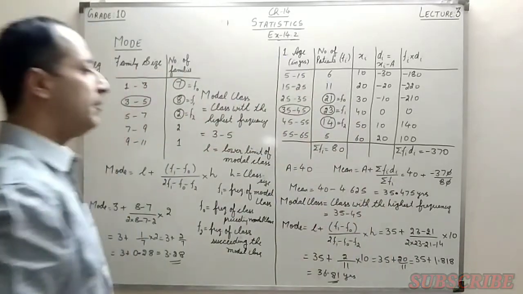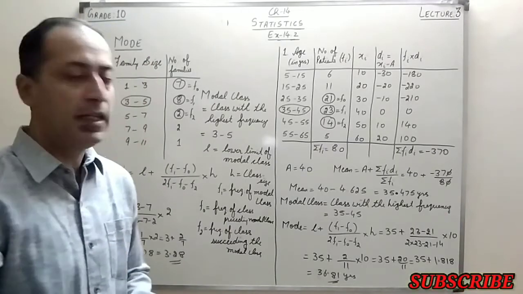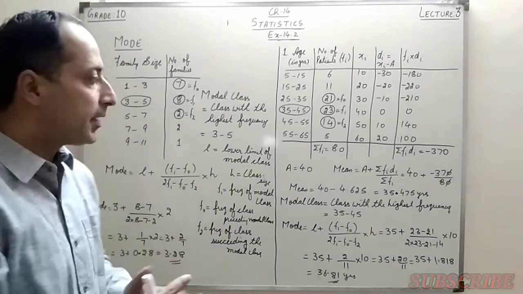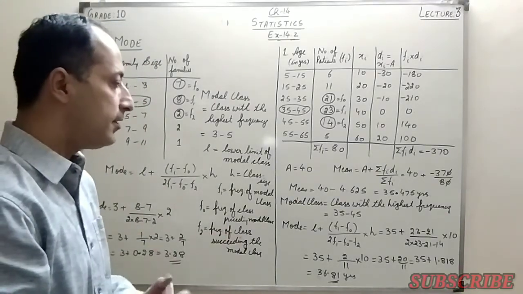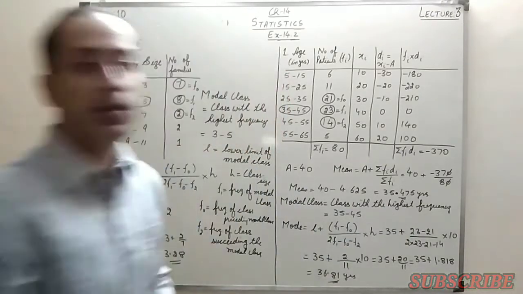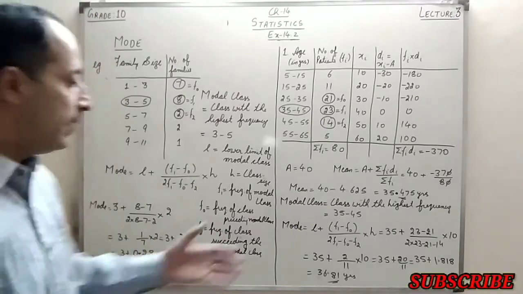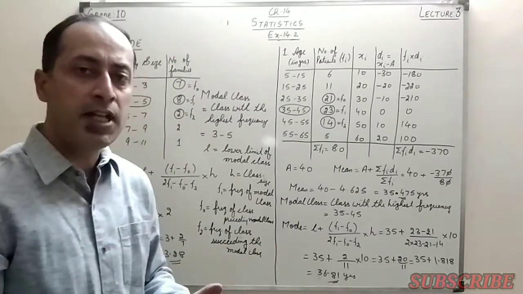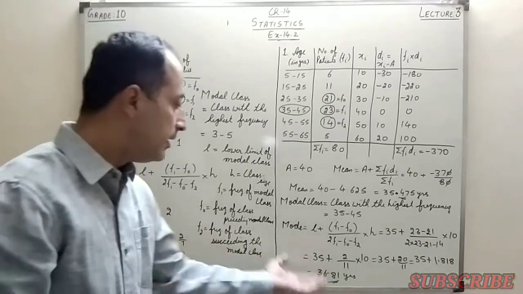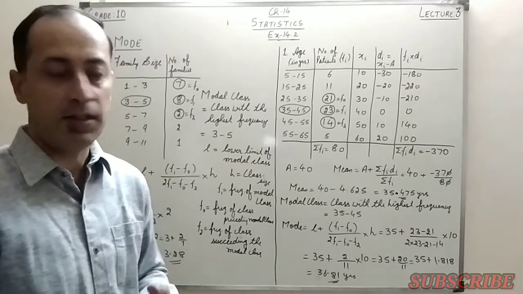Now you see that the mean was 35.475 and the mode is 36.81 years. Now in the question they have asked, after finding the mean and the mode, we have to compare. Now what does it mean? What does it signify? This means that the maximum number of patients admitted in the hospitals have this age, that is 36.81, right?